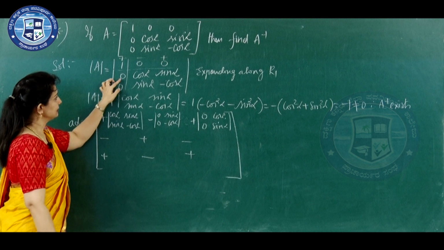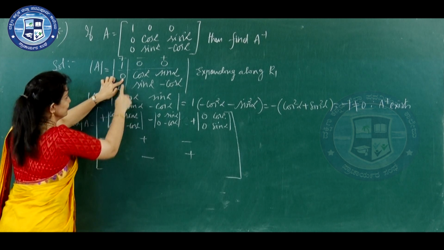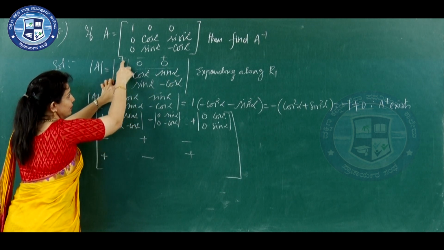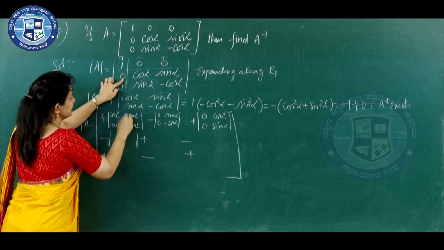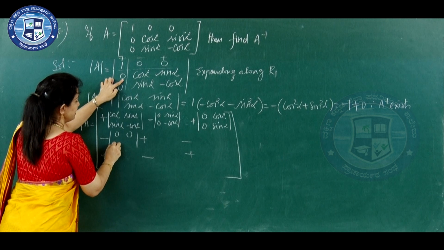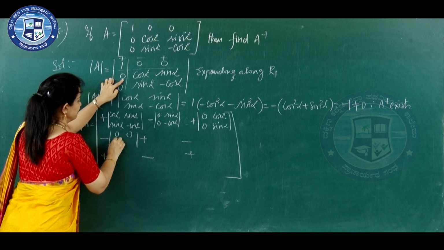Now, next element is 0, so delete the second row and first column where 0 lies. The remaining elements are 0, 0, sin alpha, minus cos alpha.